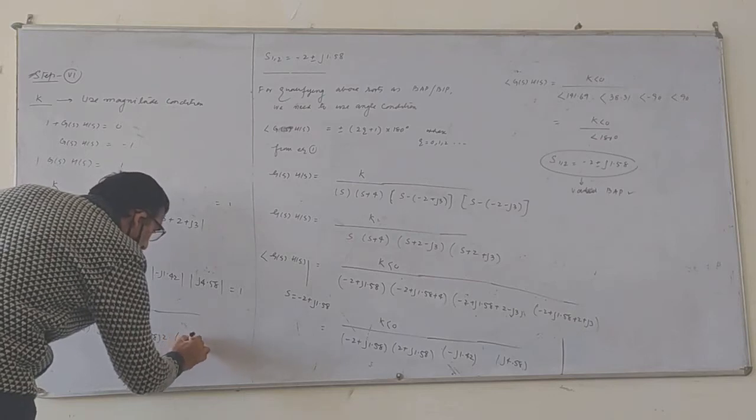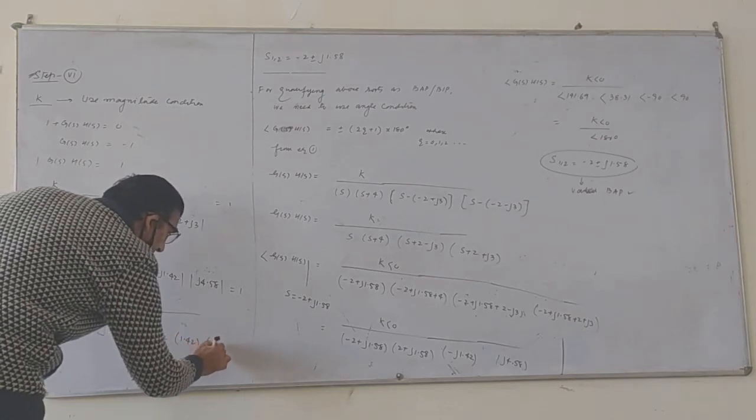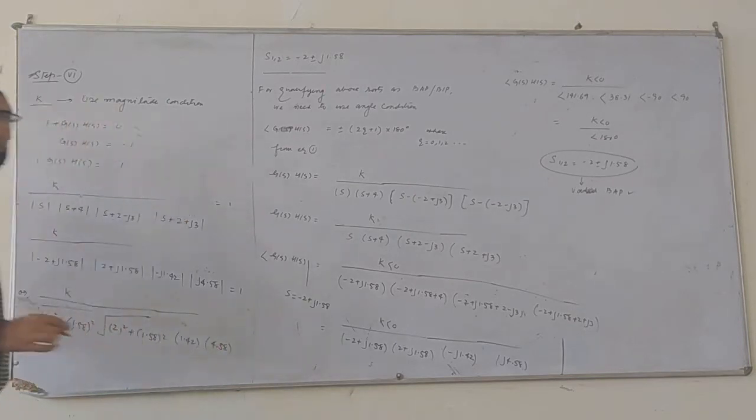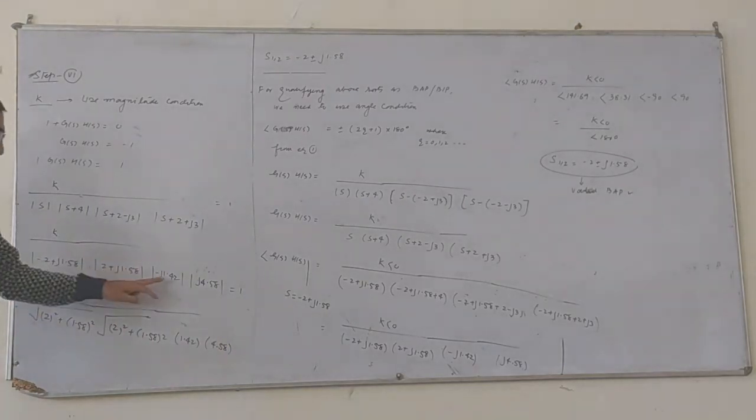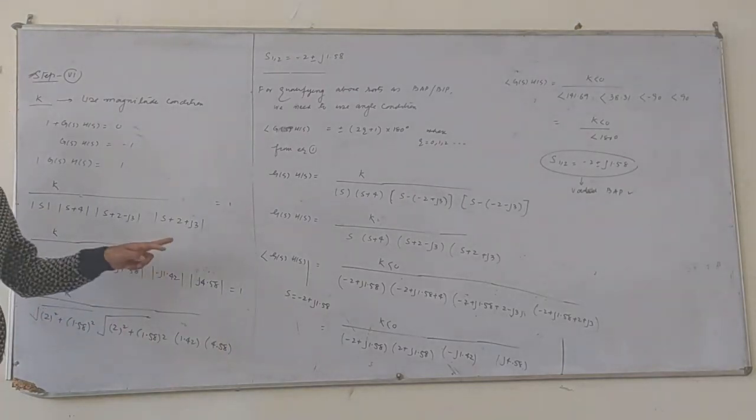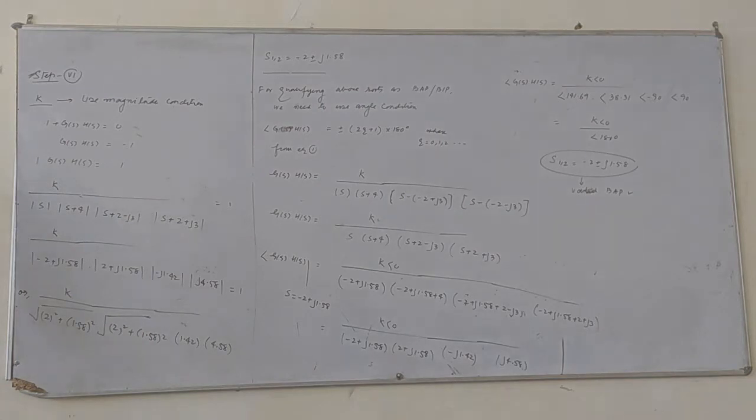This will come 1.42 itself, and 4.58. Calculate with your calculators. This k value will be equal to 42.24.